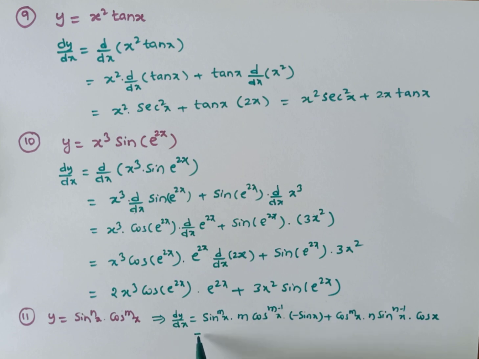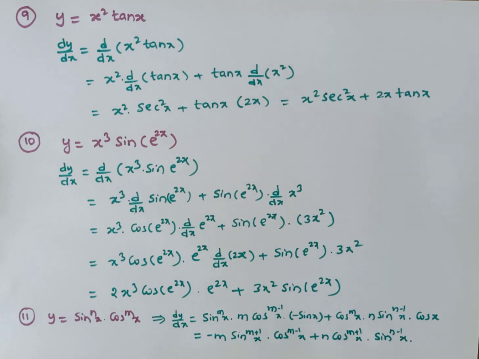Okay, now this is minus m into sin x into sin power nx, that is sin to the power of n plus 1 x into cos to the power of m minus 1 x, plus n into cos to the power of m plus 1 x into sin to the power of n minus 1 x.